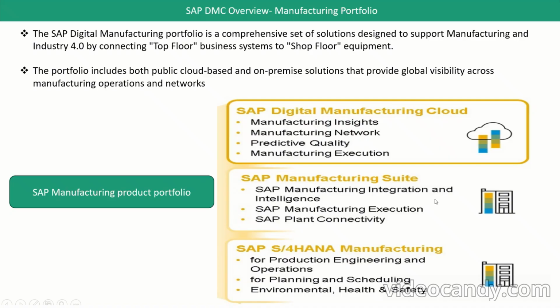So this is on-premise, this is on cloud, and another is S/4HANA Manufacturing. S/4HANA Manufacturing has a component, a separate component for which you have to take a separate license, known as Production Engineering and Operations, in short PEO. PEO is also used for manufacturing execution, and it is mainly designed for very highly complex assembly.